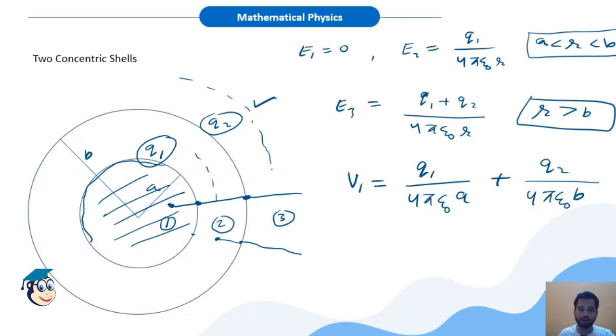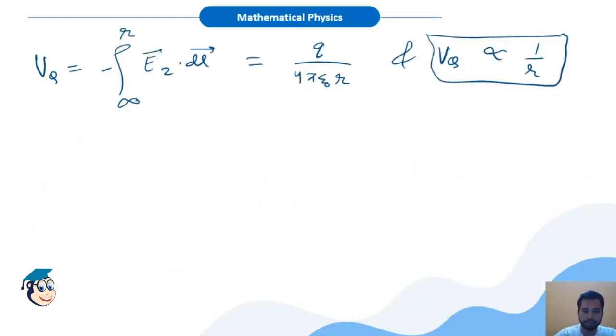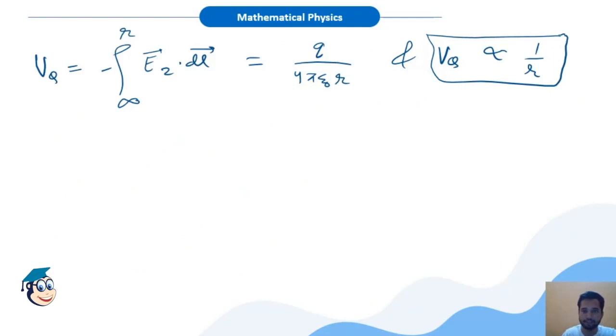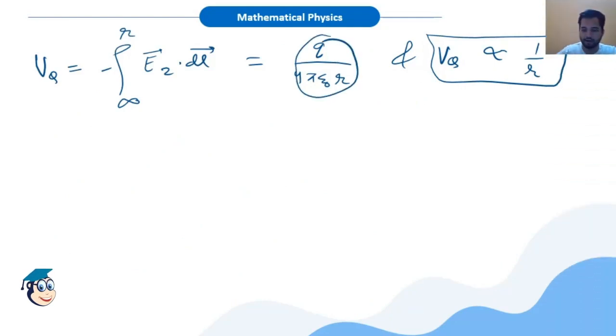Okay, so now you will tell me what is the potential in the second region. So in the second region V2, let's say we are here. We are outside the inner sphere and we are inside the outer sphere. Okay, so for outside, we have seen in the previous example, the potential for outside is decaying as 1 over r.